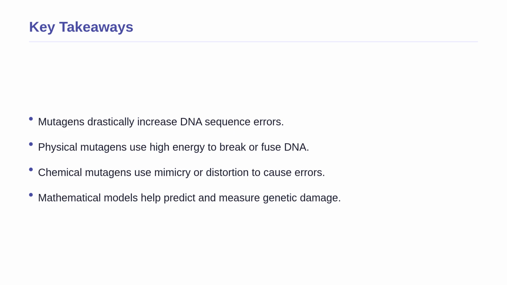Second, physical mutagens, like UV light and X-rays, use high energy to physically break DNA strands or fuse adjacent bases together. Finally, chemical mutagens use chemical mimicry or physical distortion to trick the cell into making replication errors. By understanding and mathematically modeling these agents, we can better protect human health and harness these tools to unlock the secrets of genetics. Great job following along!